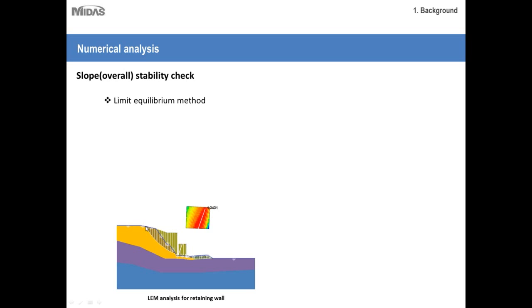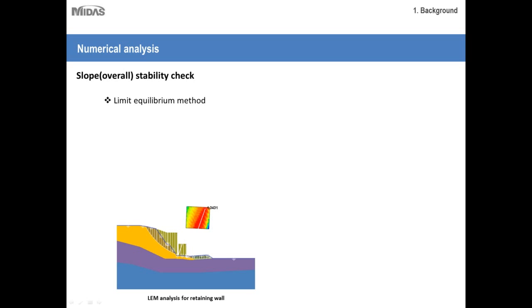Then the software you use would consider all the permutations and combinations to check which of the given radii has the minimum factor of safety, or will be the first one to fail. So we have to define this grid in advance.